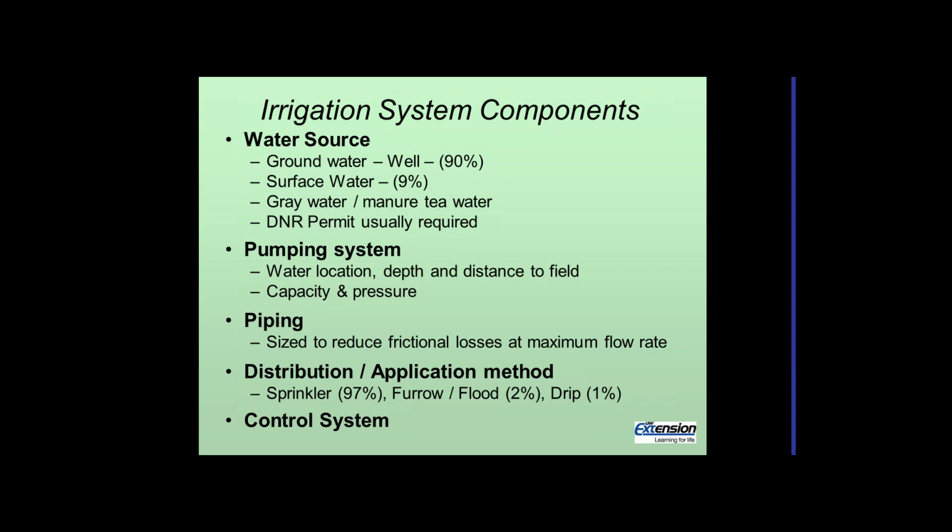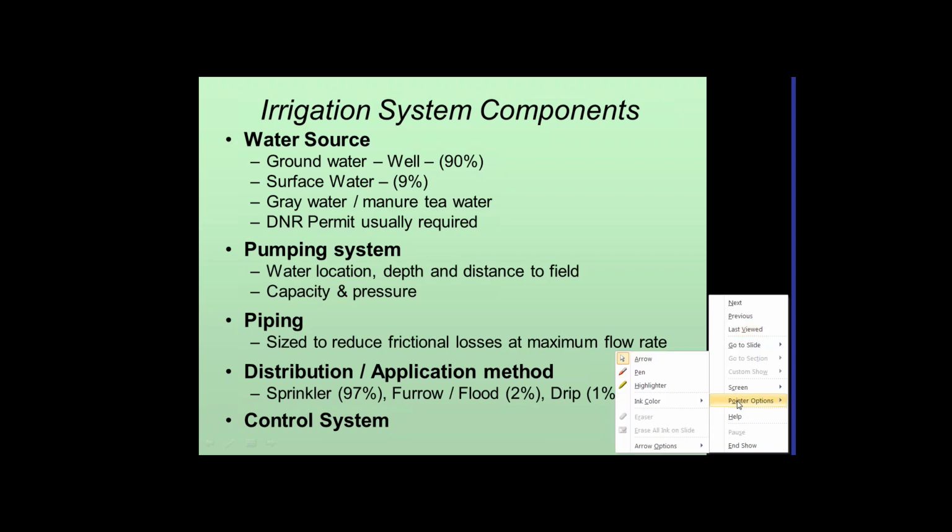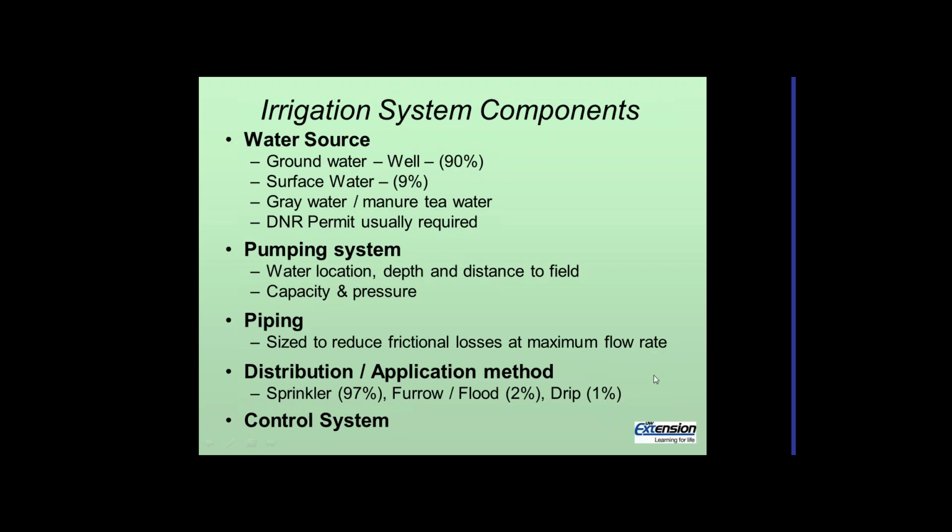Then we have the distribution of the water. In Wisconsin, 97% of that is sprinkler. We're going to have about 2% flood irrigation.